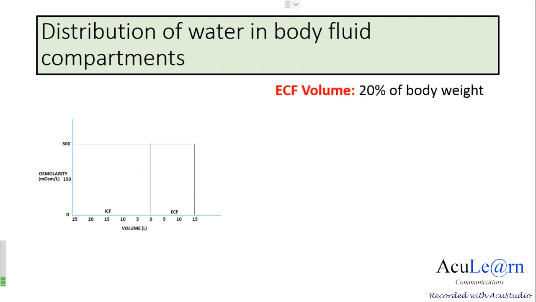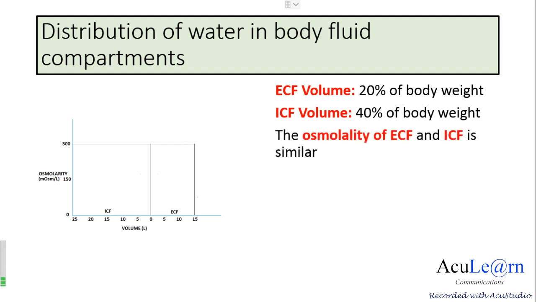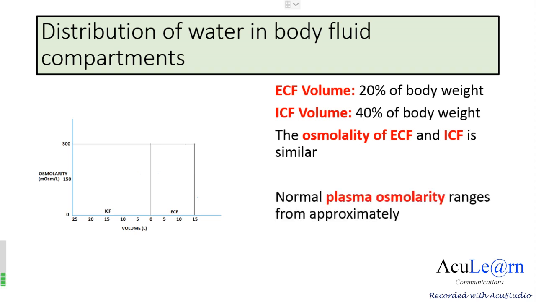So, if you want to see the volume in terms of the body weight, ECF is 20% of the body weight, and ICF is 40% of the body weight. And if you look at the osmolarity of the ECF and the ICF, it is similar, and the normal plasma osmolarity ranges from approximately 280 to 295 milliosmoles per liter.